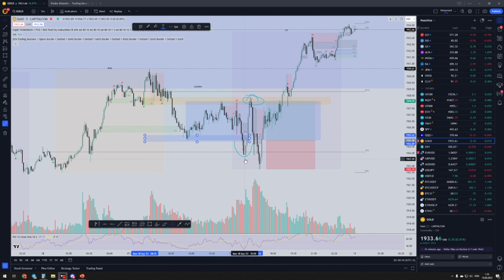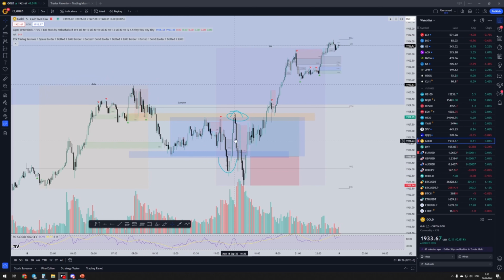We broke support, we did a test, you opened a short position and price went up. Okay, so this was a false breakdown. Okay, I'm opening a long position right here. My target is till these highs. What happened? We took the internal liquidity, and we took the liquidity from the top of this range.